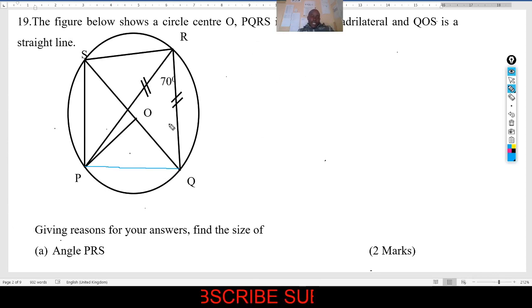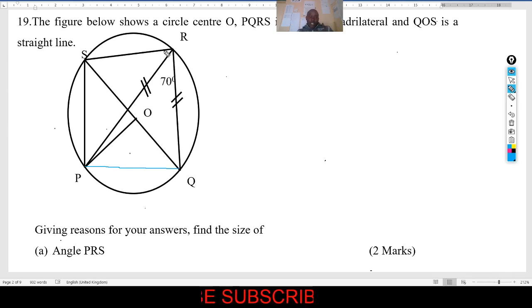Now you realize that this is chord PQ, and this is to the center O. Remember, QOS is a straight line, so this is a diameter. The angle that a diameter subtends at the circumference is 90.